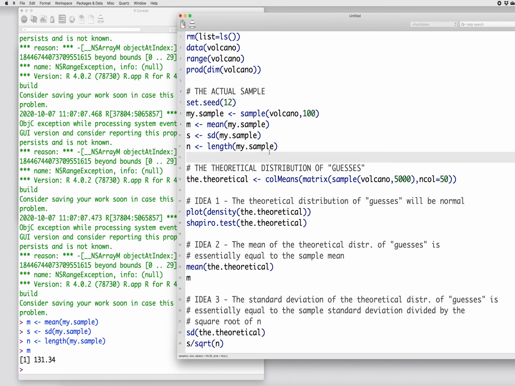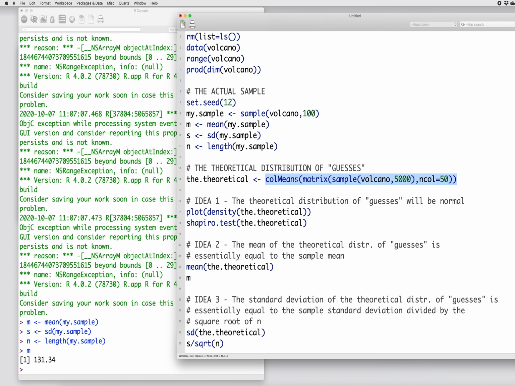But let's say for just a minute that we're going to go through the whole process of verifying the central limits theorem. So in this case, I am randomly sampling 5,000 values, and I am creating 50 samples with a sample size of 100.